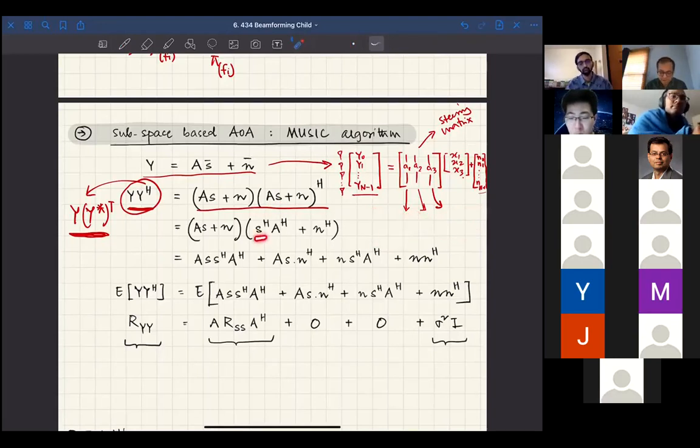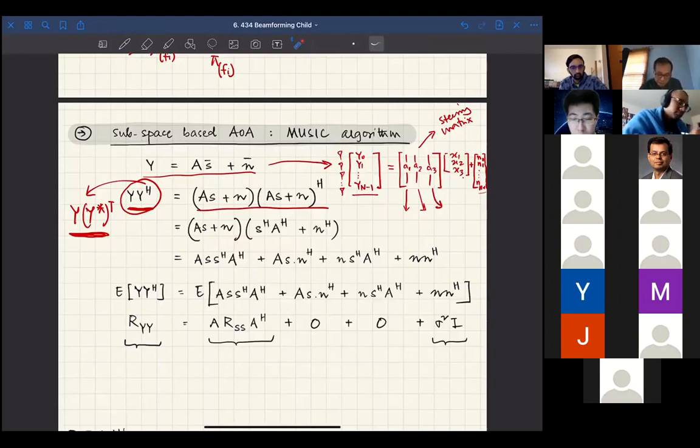So this becomes S Hermitian A Hermitian plus N Hermitian. Now multiply. This becomes AS S Hermitian A Hermitian, AS N Hermitian, this times this, N S Hermitian A Hermitian plus N times N Hermitian. Okay, very good.